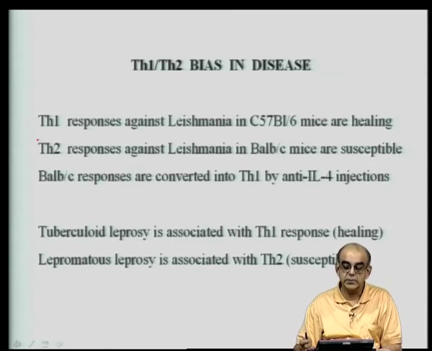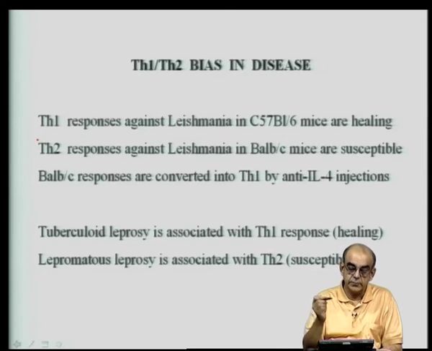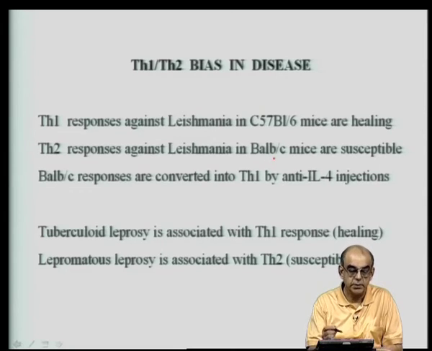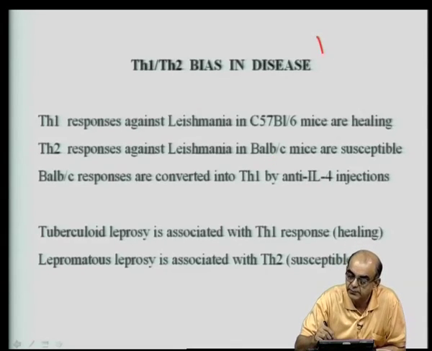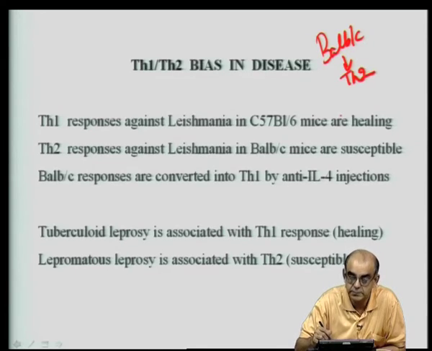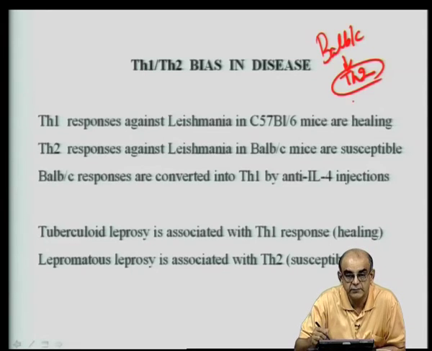So, you can actually give anti IL-4 to BALB/c mice. Now this BALB/c mouse has a Th2 bias. So, there is a lot of IL-4 that is influencing or encouraging the formation or differentiation of Th2 cells.